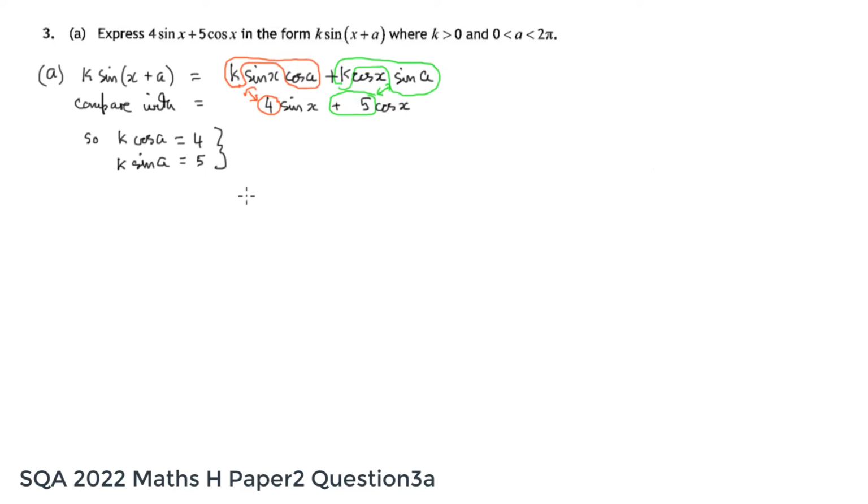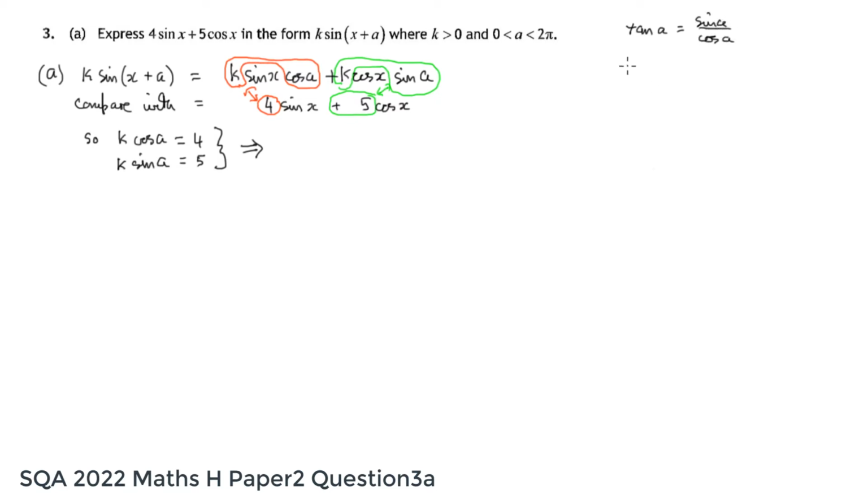But they're unusual simultaneous equations. They involve trig functions. But we can use various trig formulas. One of the trig formulas that we'll use is the fact that tan a is written as sine a over cos a.